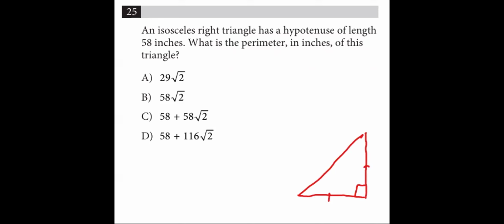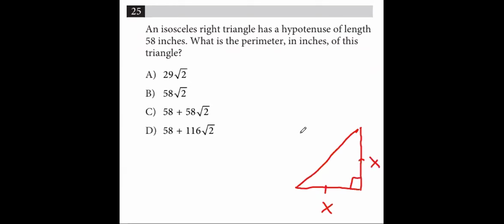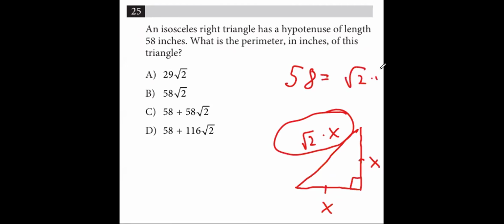Just starting off, all isosceles right triangles have side lengths of x, x, and root 2 times x. It asks us what is the perimeter in inches of the triangle. We know the hypotenuse is length 58, so 58 equals root 2 times x.